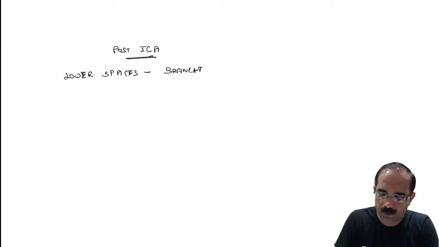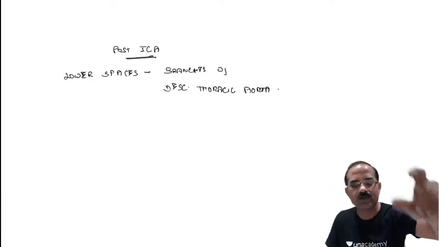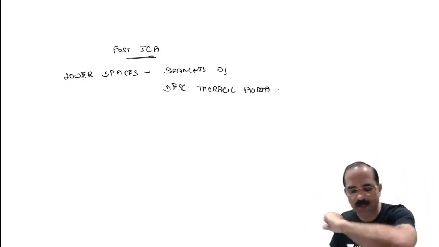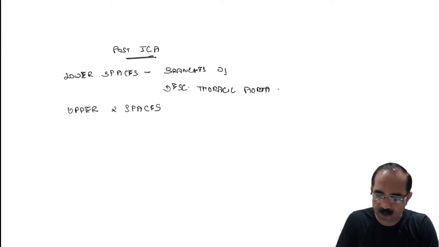of descending thoracic aorta. Okay, so posterior intercostal arteries in the lower spaces, students, are branches of descending thoracic aorta. This is very important. In the upper two spaces, intercostal spaces बोल रहे हैं हम लोग.